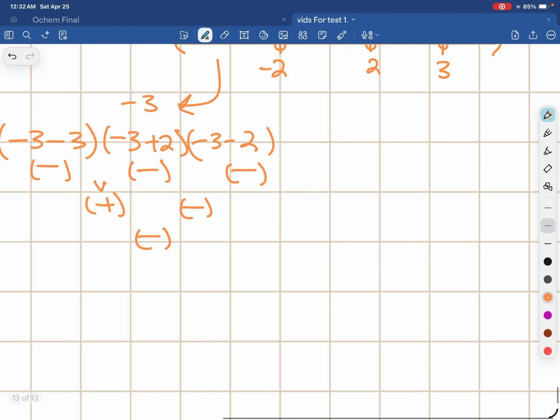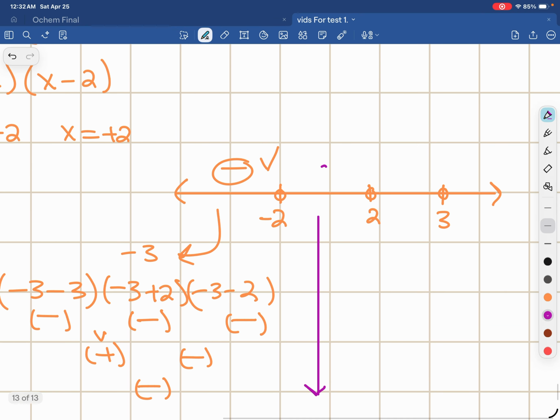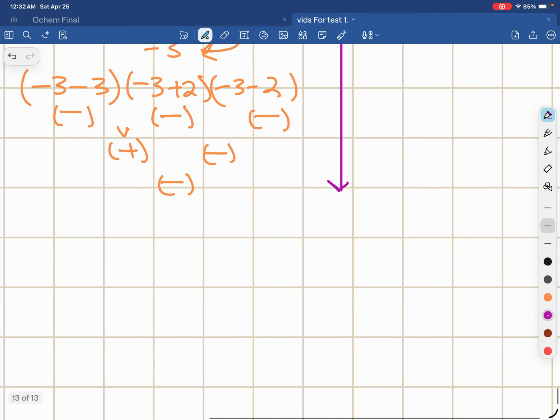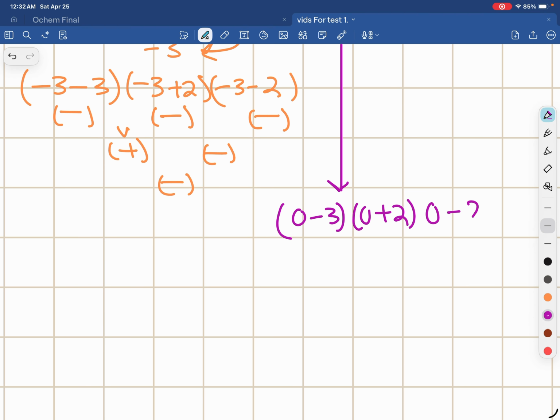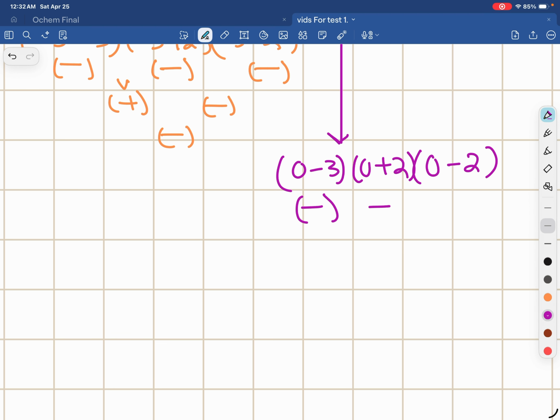Now let's look at our second part. We could change color here to make it a little easier to decipher. We'll actually pick 0, because that's in between both these values, and it'll be super simple. So 0 minus 3, 0 plus 2, and then 0 minus 2. We'll get negative, positive, negative.